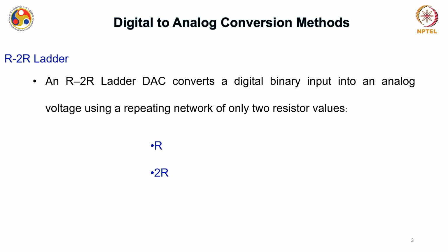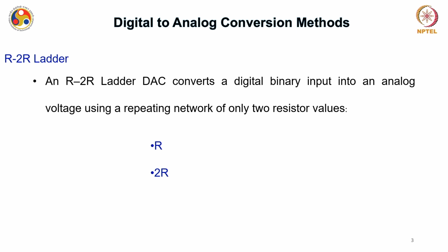Let's see another kind of DAC circuit, known as the R-2R ladder, and the word ladder comes from the ladder-like structure of the circuit that we'll see. As the name suggests, the R-2R ladder DAC converts a digital binary input into an analog voltage using a repeating network of only two kinds of resistors. One value is R and another is 2R.